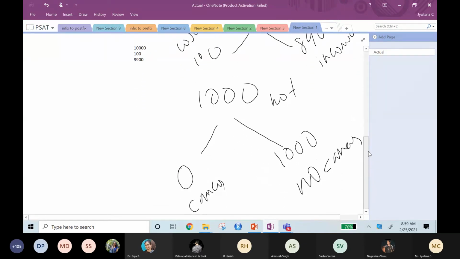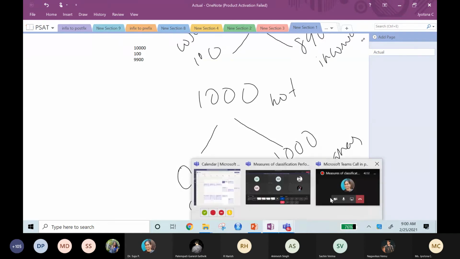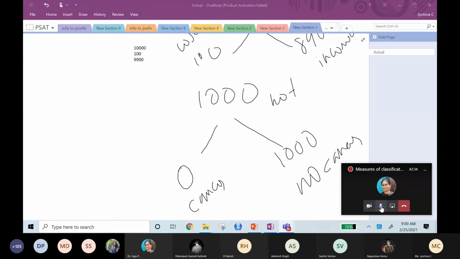Again, 1,000 predicted as no cancer; from that, 0 have cancer and 1,000 have no cancer. Please make the confusion matrix and find the precision, accuracy, recall, and F1 score also.